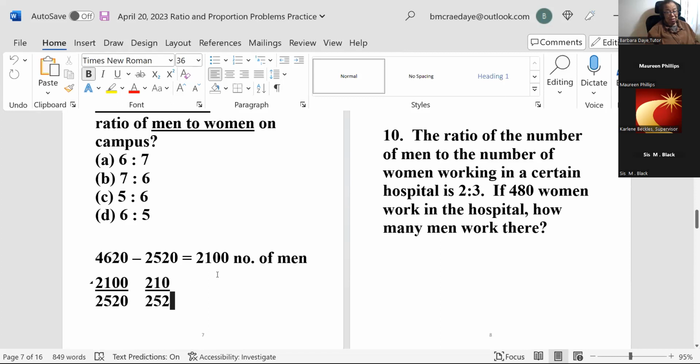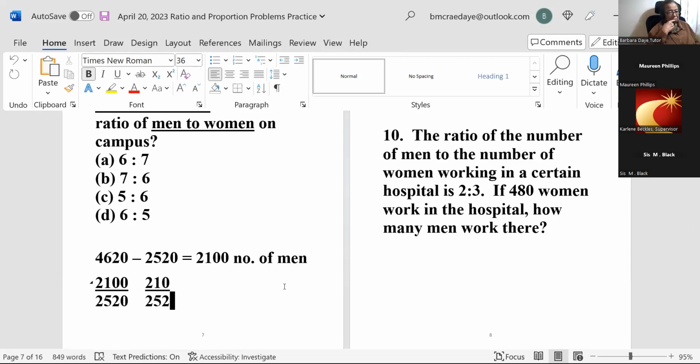Yes, 21 times 10 is 210. That's true. Okay, now see if that 21 will go in your 252 and give you an even number. I get 25.2. 252 divided by 21. What do you get, Mercedes?